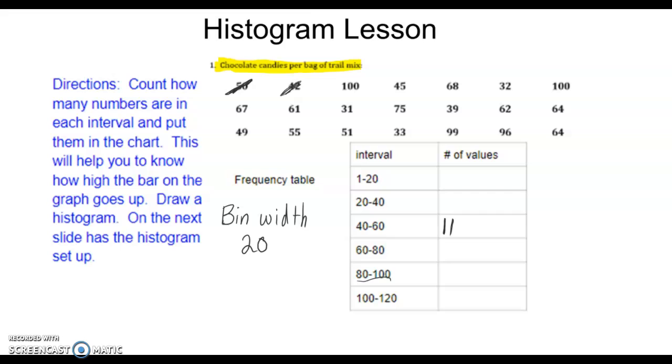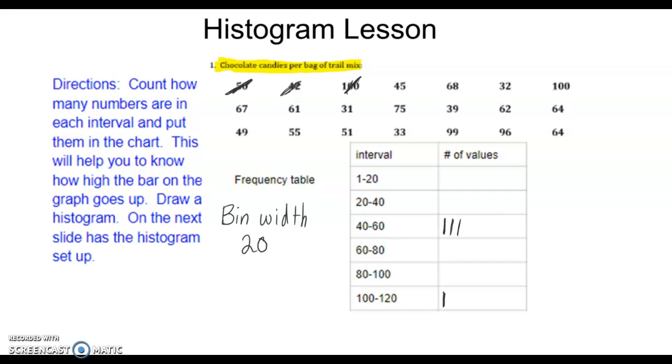I would have to put 60 in the 40 to 60 category. If I put it in the 100 to 120, which I am going to do, that means I would have to put 80 in the 80 to 100, 60 in the 60 to 80. As long as you remain consistent, you can put it in whatever bin you want to.